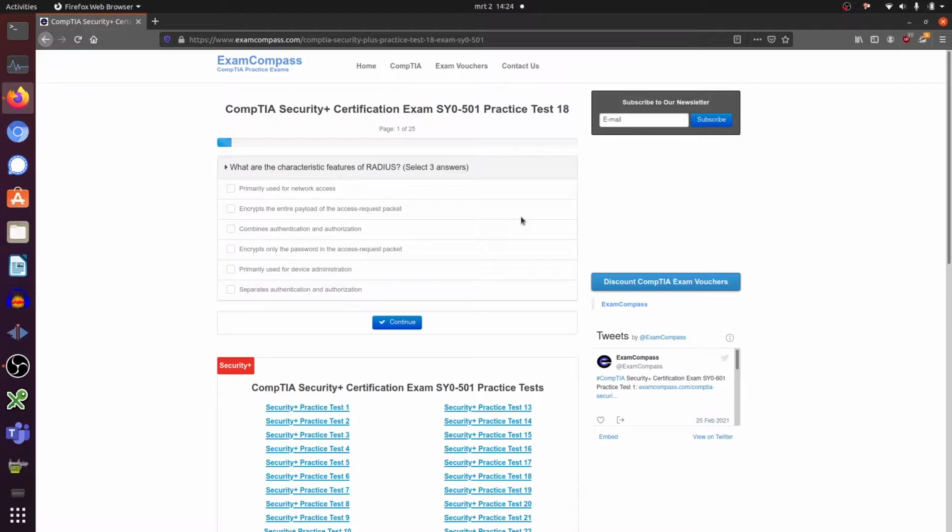So it's primarily used for network access, so accessing network resources like storage devices, access to applications and your own files. Furthermore, it combines authentication and authorization, and it's primarily used for device administration. So the devices that are allowed to log into the network.